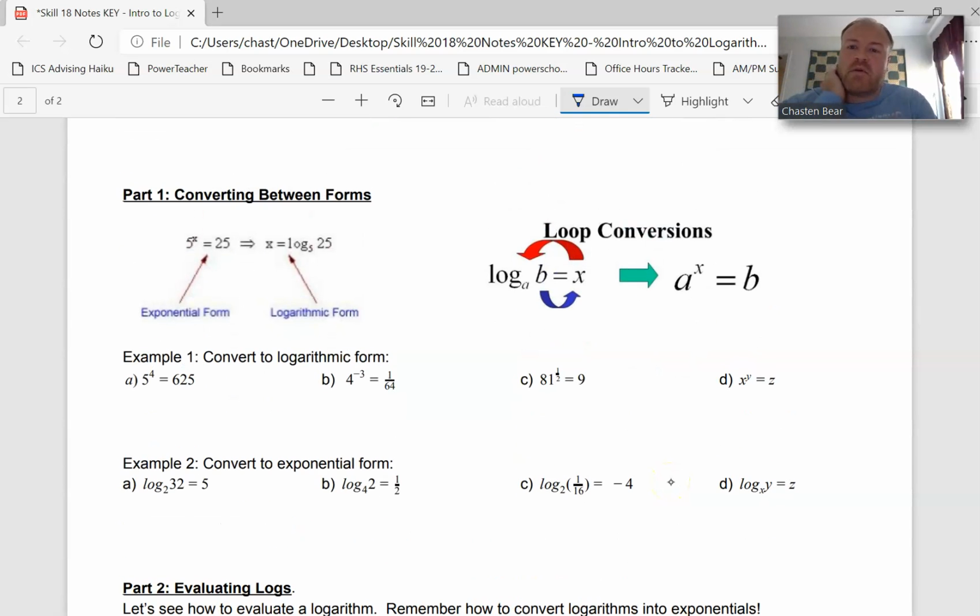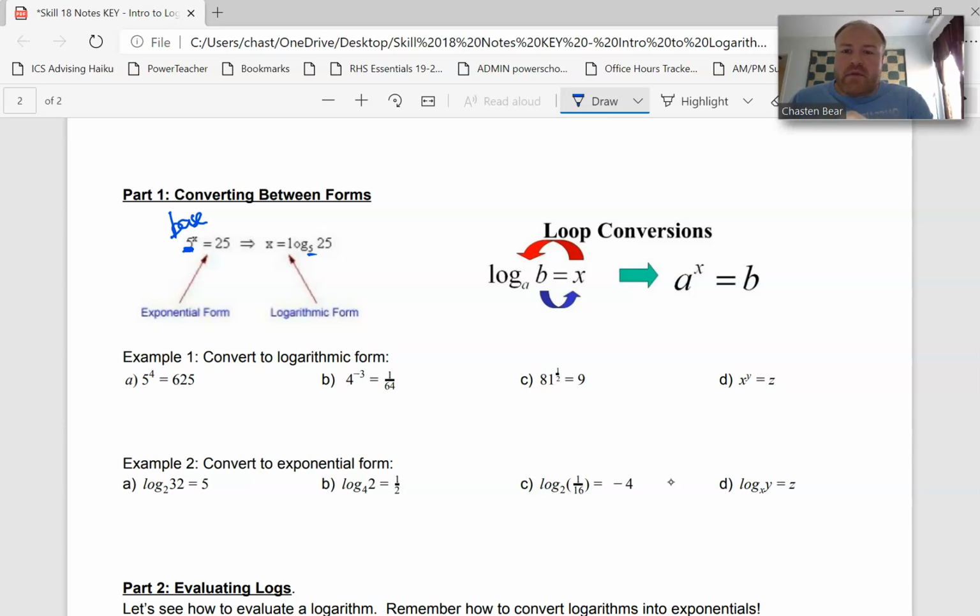All right, so now we're going to do some practice converting between them. So here's an example. We have 5 to the x equals 25. If I were to rewrite that in logarithmic form, first thing I do is I identify the base, so the thing that I'm raising to an exponent. So in this case, I have 5 to the power of x, so 5 is my base. And so when I write it in log form, that becomes the subscript of the log, so log base 5.